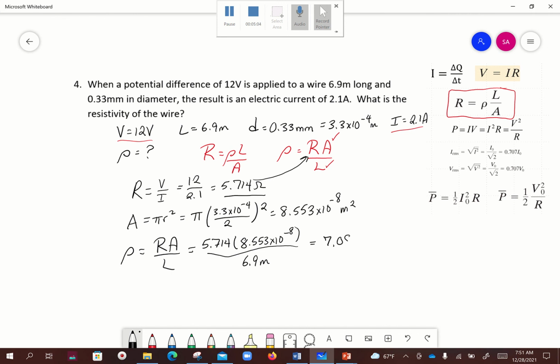And resistivity should always be a pretty small number for a conductor. So I get 7.8 times 10 to the minus 8. And the units for resistivity are ohm meters. Okay, so again, an equation, just a little bit of algebra rearranging. This is sort of a two-step problem because first we had to find R, but it's pretty straightforward.